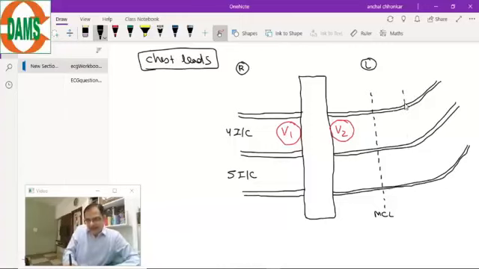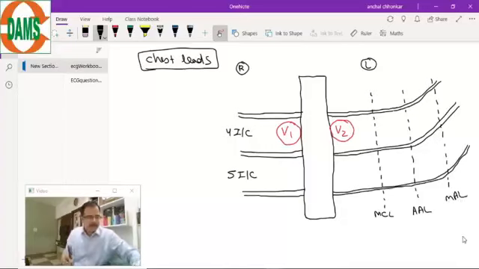Then the anterior axillary line, and then the mid axillary line. So these are the three vertical lines that we will take.